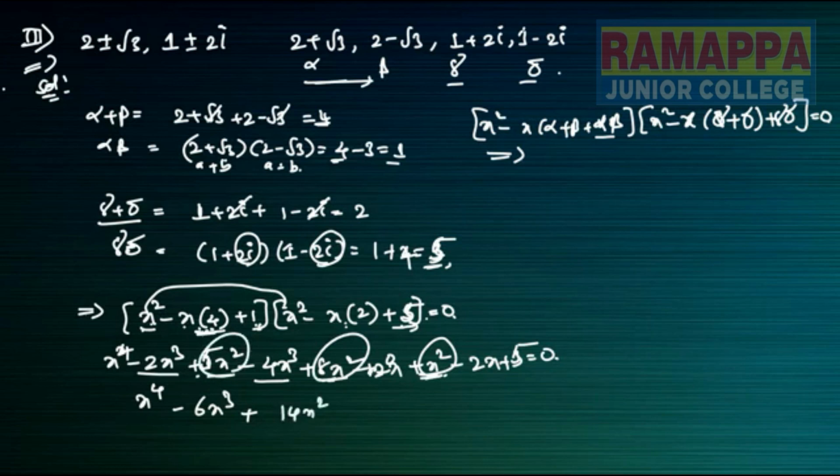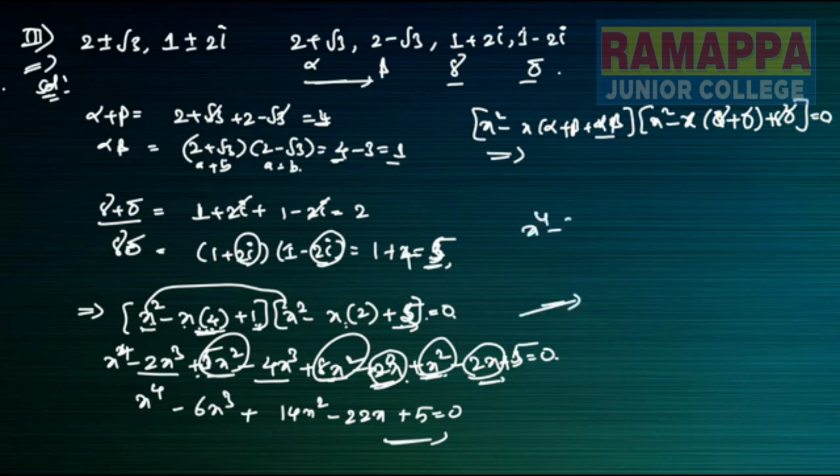And minus 12x, here minus 20x now, minus 20x minus 2x is equal to minus 22x will come here, and plus the remaining 5 is equal to 0. So this is the answer here: x to the power of 4 minus 6x cube plus 14x square minus 22x plus 5 is equal to 0. So this is like the same second question only.